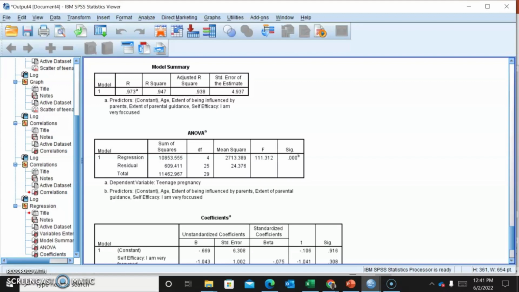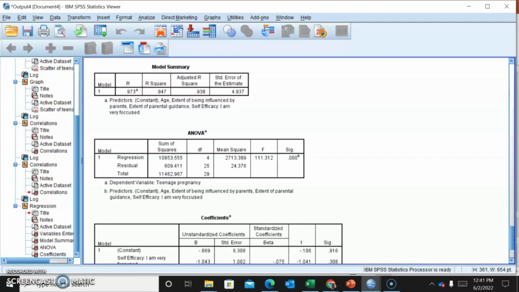It means that the relationship is very strong, which means these predictors have a strong relationship with the dependent variable, which is teenage pregnancy, altogether. Then we look at R squared, and R squared is the coefficient of determination. To what extent did we, in our model, guess correctly that these are really the variables associated with teenage pregnancy?